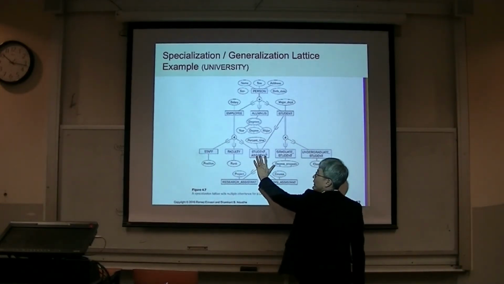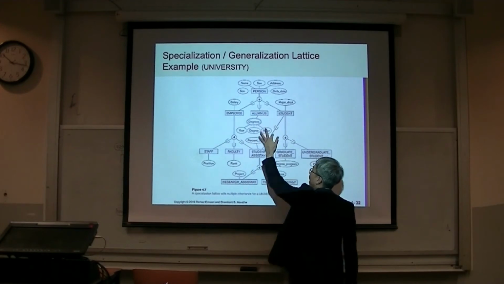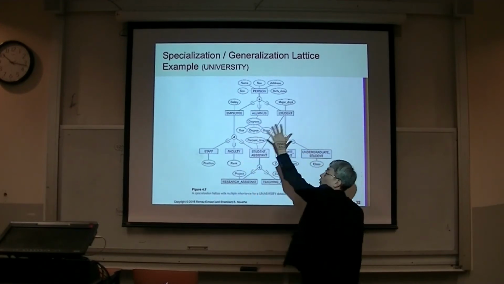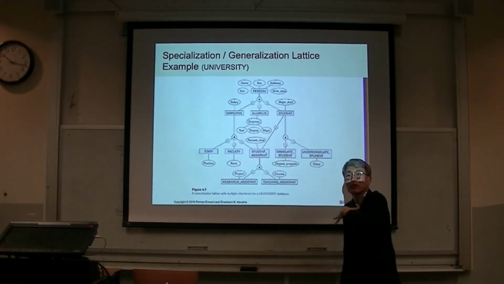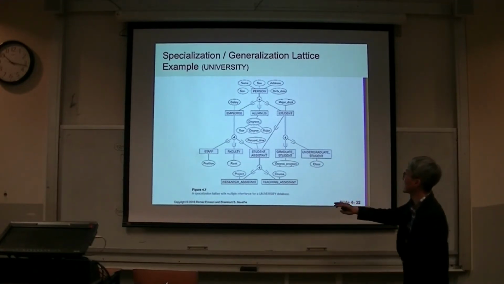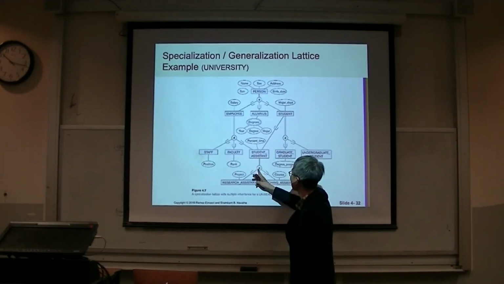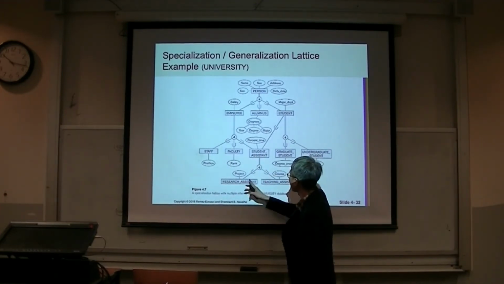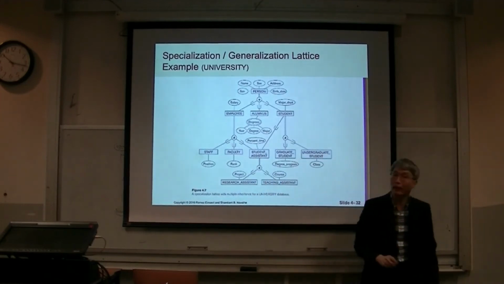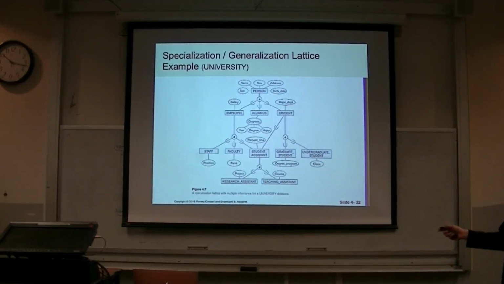Student assistant is a multiple inheritance, which means overall this is not a hierarchy, this is a lattice, more generalized. Then you guys can understand. So this is mandatory, student assistant, either this one or this one is the disjoint like that. So you can understand the meaning of the overall person in the university.